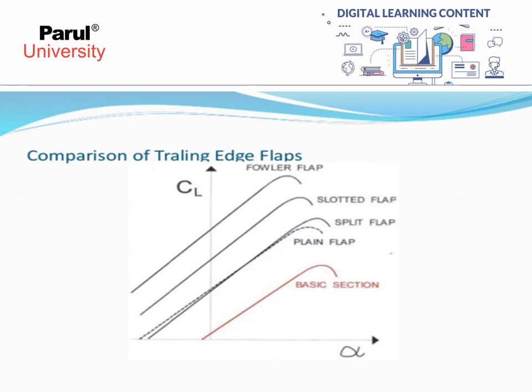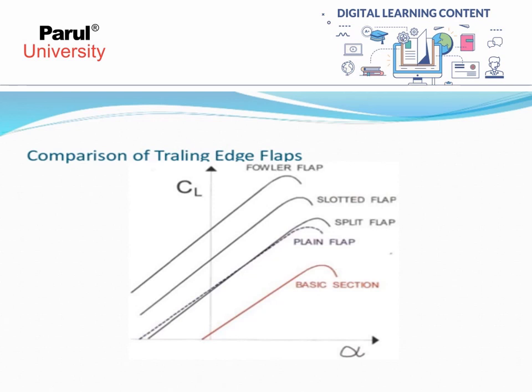Now in the figure, in a graph, you can see the comparison of trailing edge flaps, CL versus alpha. CL is on the y-axis and alpha, the angle of attack, is on the x-axis. We can see the red is the basic section, then plain flap, split flap, slotted flap, then Fowler flap. The Fowler flap has the greatest CL, maximum CL max, and minimum alpha stall.